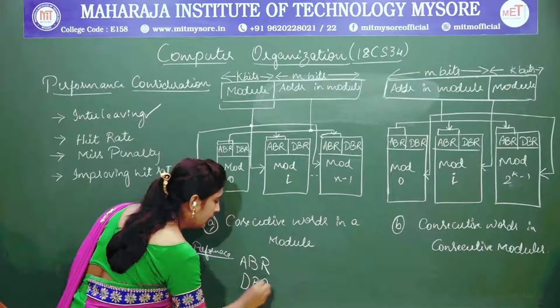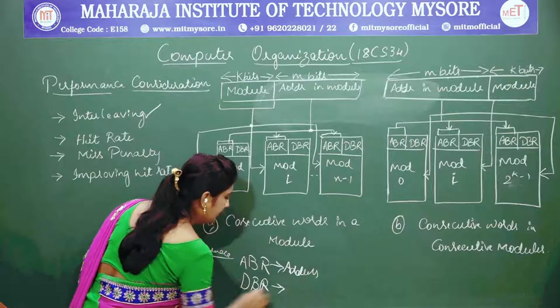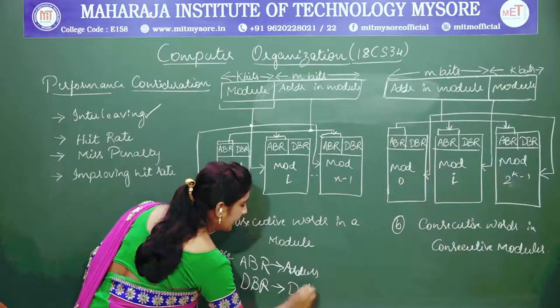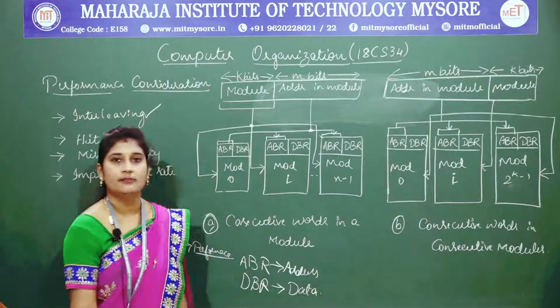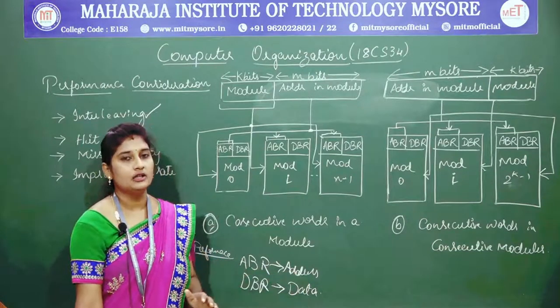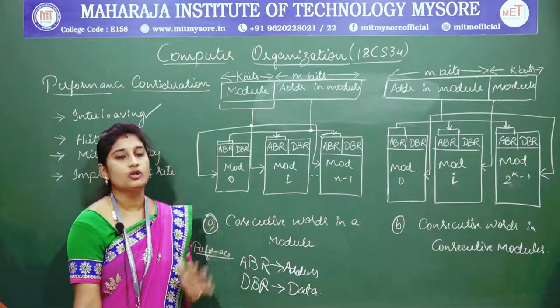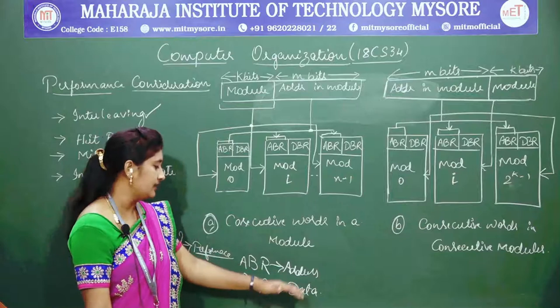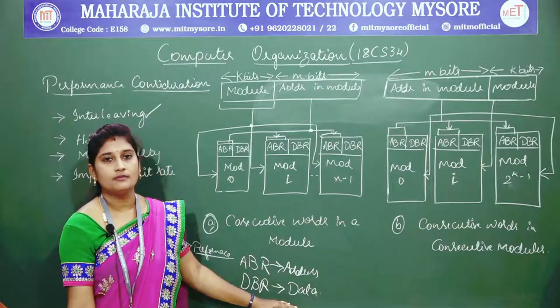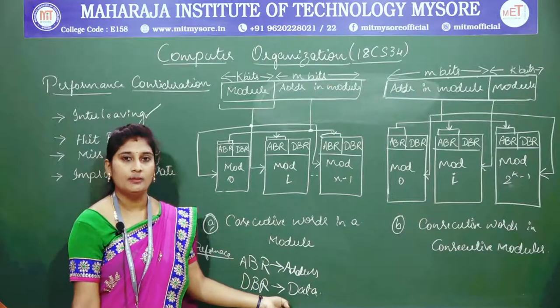ABR stands for address buffer register, whereas DBR stands for data buffer register. In the address buffer register, the address of the particular module and the particular word in that module will be present, whereas in the data buffer register the actual contents of the data will be present.